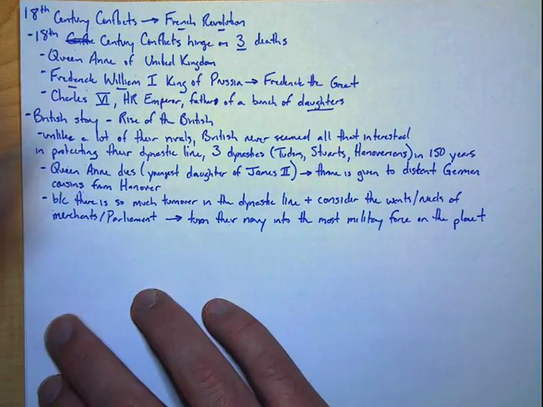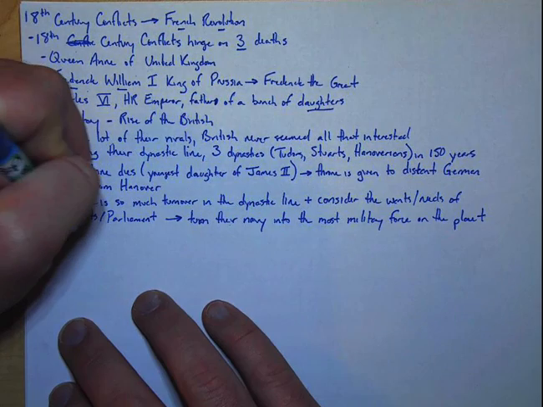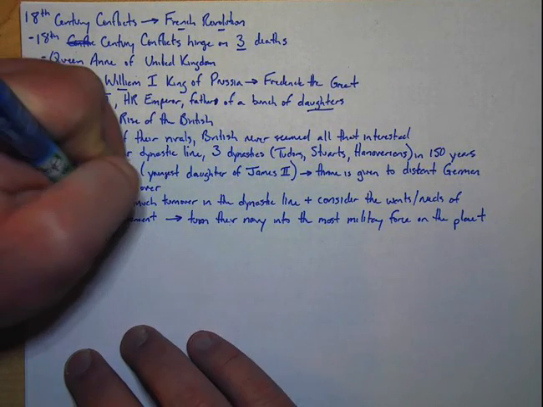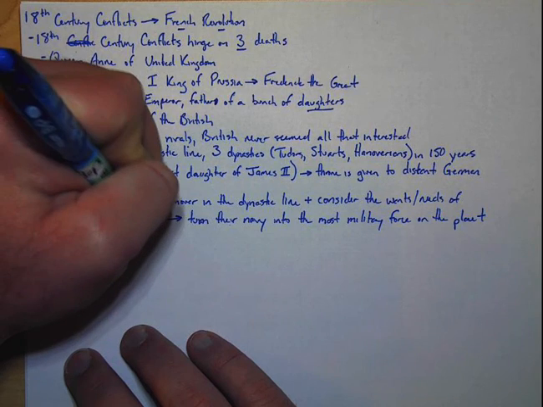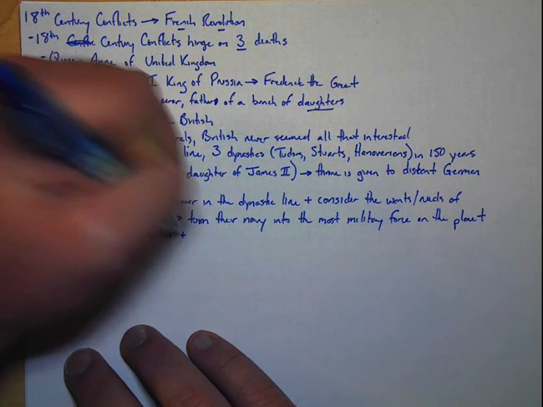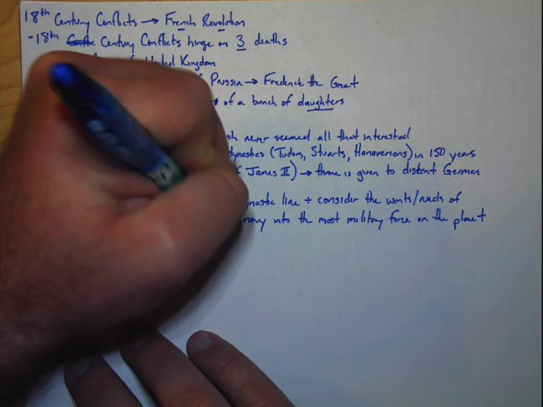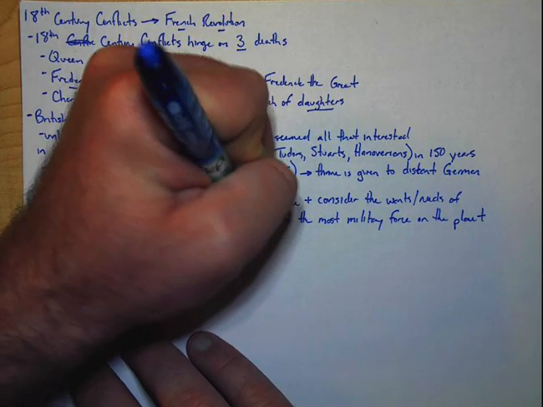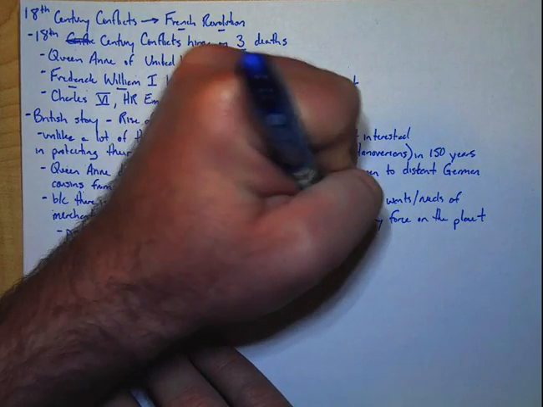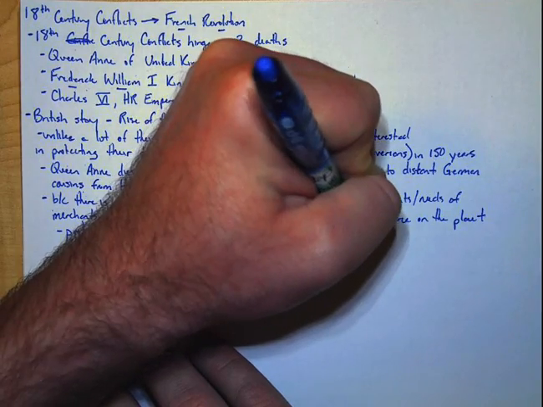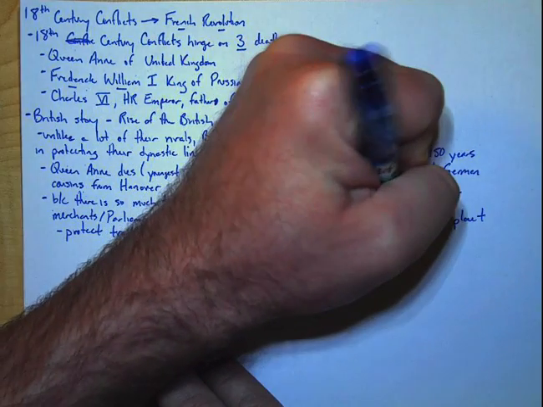Most of this is designed to protect their trade routes and their far-flung colonies in places like North America and India.